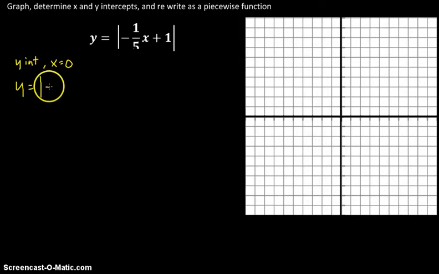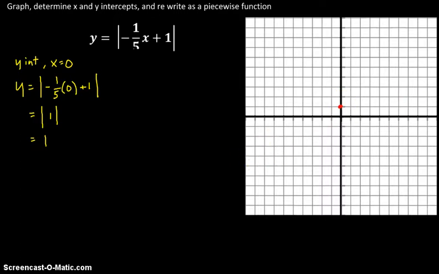In fact, I keep it. So it's 1/5 times 0, there's my 0, my x is now 0, plus 1. And what happens? Well, I get y equals 1, so the y-intercept is 1. And so there I go. If I had to actually draw it over here, and I should, I already know that there's a point going right through there.